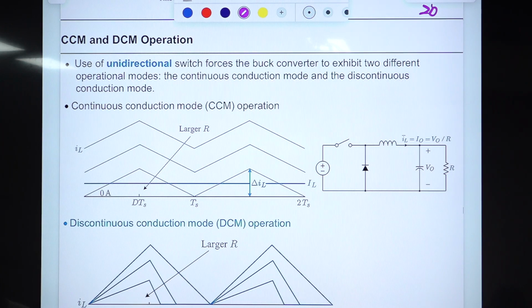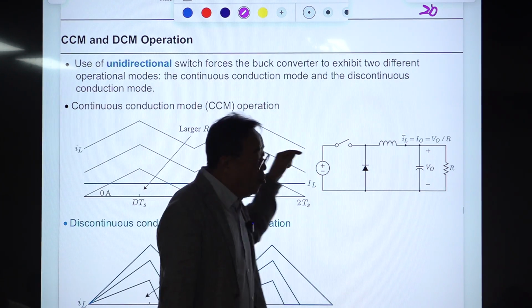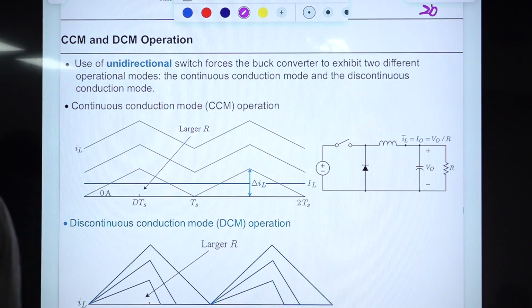Why this is happening is because we are using a unidirectional switch. Unidirectional switch means this switch allows only one direction of current path. This is a MOSFET, as I said, and there is a body diode.